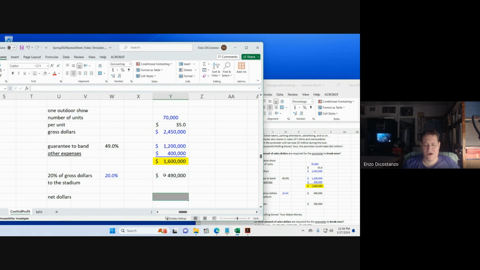So your net dollars after all of this, this comes in, that's subtracted, and there's your 360 for a night. Okay, for a night. So the stadium gets 20% of the gross. The band gets 49%.